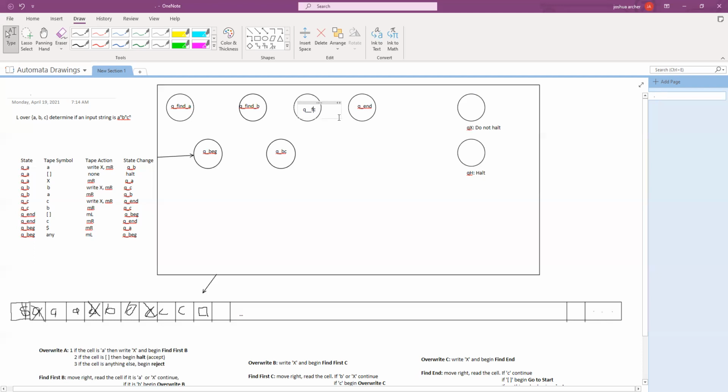Find C. This one I don't think we need. And find end. Okay, that makes more sense now.